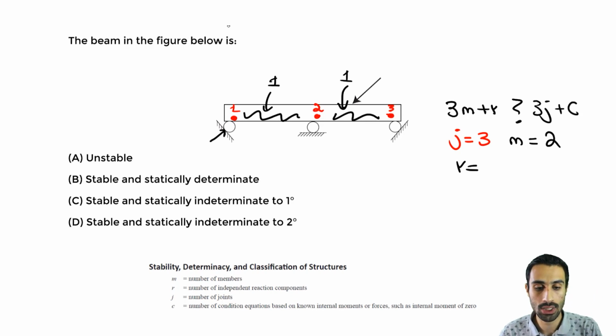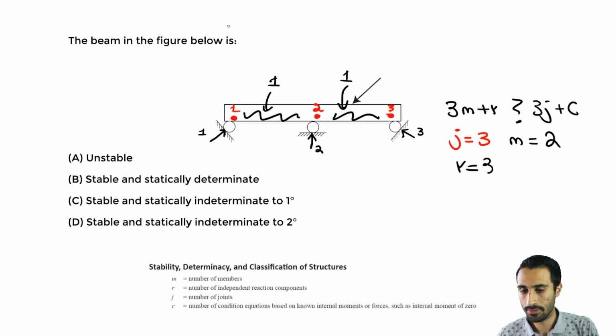It's a normal reaction. So we have 1 here, a reaction here, 2, and a perpendicular reaction here, 3. Don't break these up into components, right? You might make the mistake of doing the x and y components. That would be 2 plus 2, 4 plus 2, 6. That would get you the wrong answer. So we know r is going to be 3.